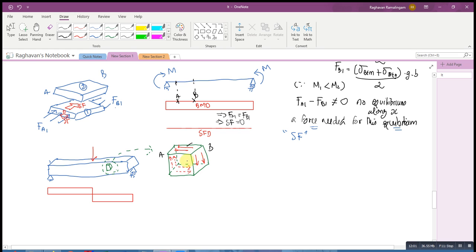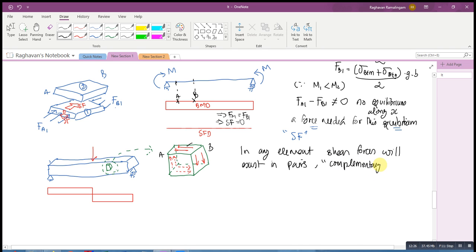But in general, in any element you will find that shear forces or shear stresses will exist in pairs which are complementary in nature.